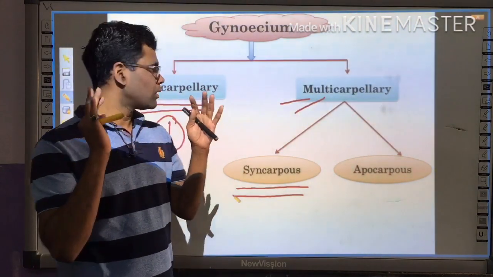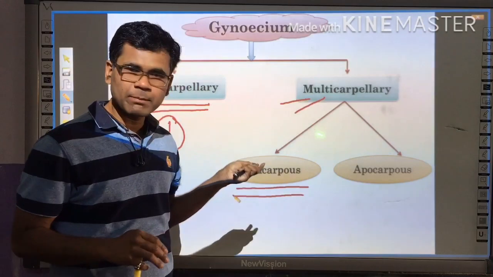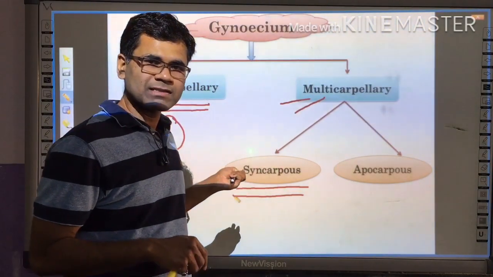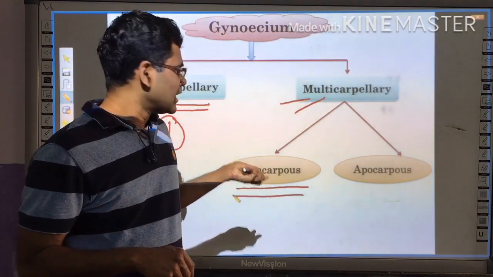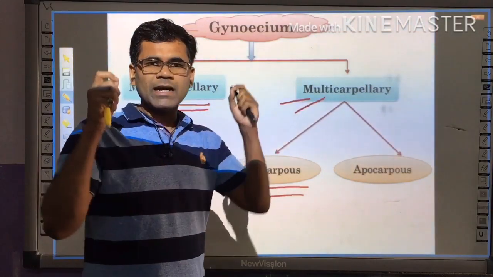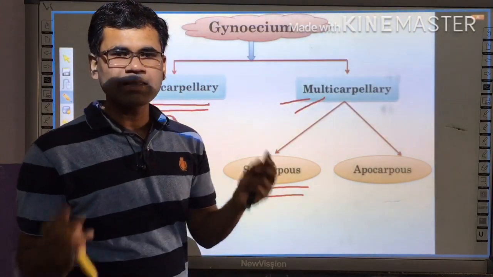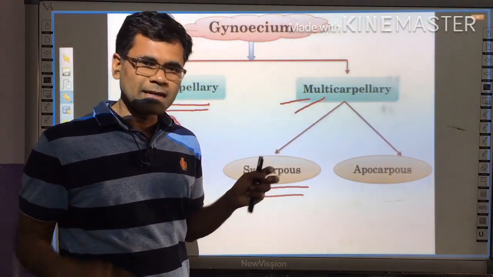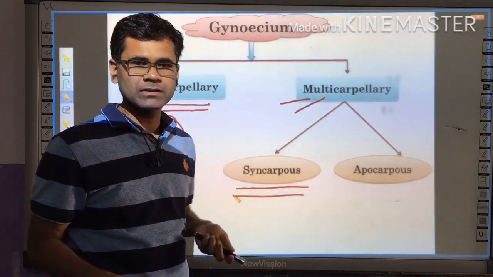Here, a gynoecium has many carpels and these carpels fuse together. That is called syncarpous. Another one is apocarpous. When a gynoecium has many carpels and these carpels are free from each other, not fused, it is called apocarpous.